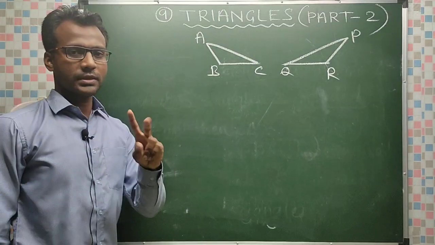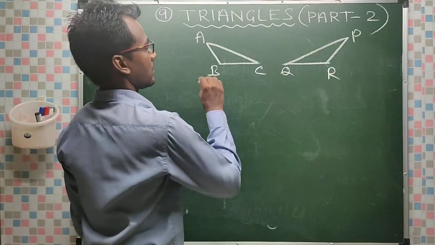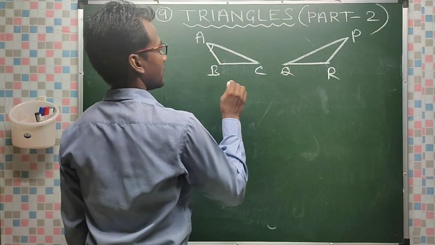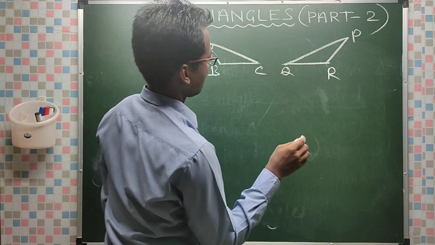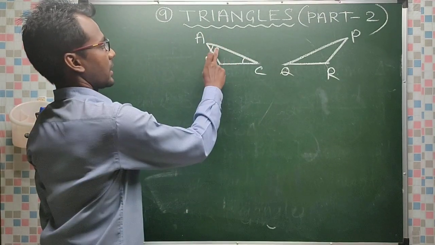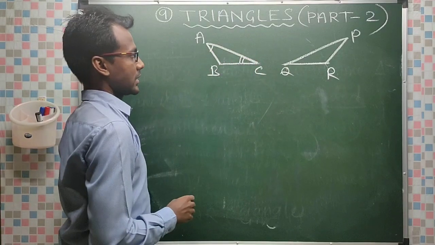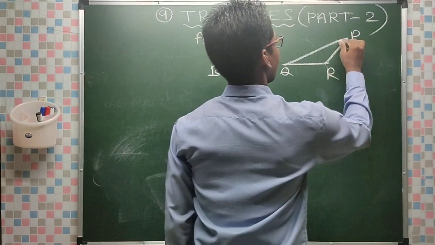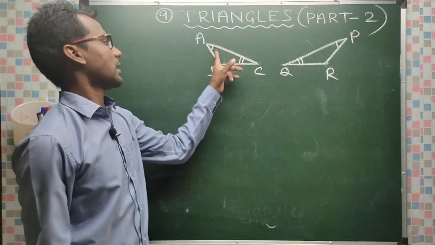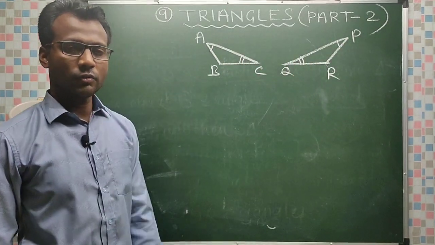Two angles and included side. Suppose we take any two angles, angle A and angle C. Angle A and angle C of triangle ABC are equal to angle P and angle Q. Angle A is equal to angle P, angle C is equal to angle Q. Then which side can you take?